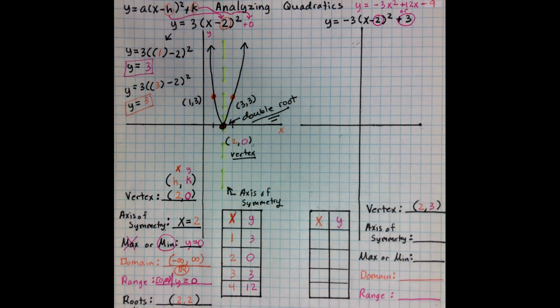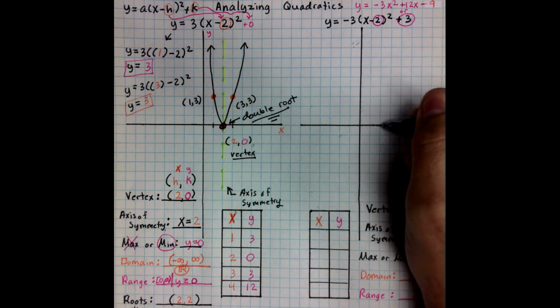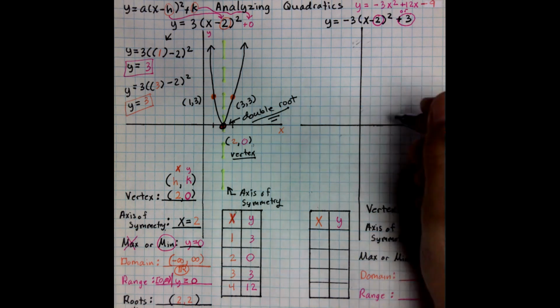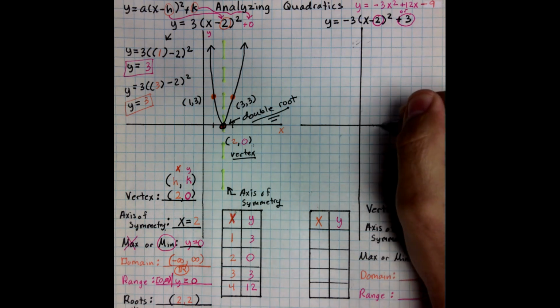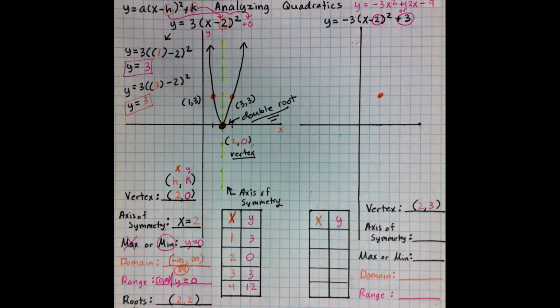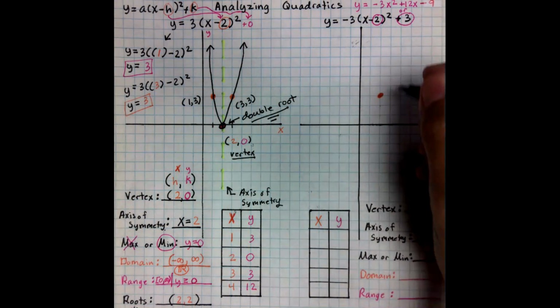So let me plot this point. I'm going to plot the vertex real quick. It's at 2, 3. So over 1, 2, and get me a colored pen. So 1, 2, and then up 3. 1, 2, 3. So I'm going to put a point right there. And we'll write the ordered pair for it.